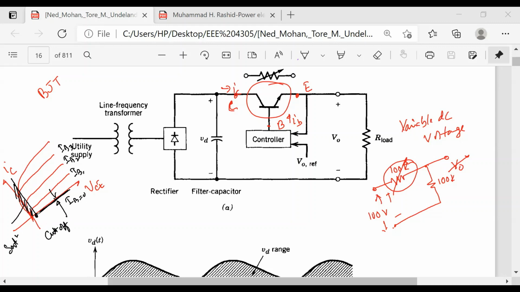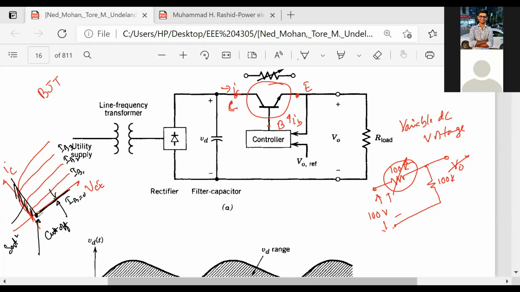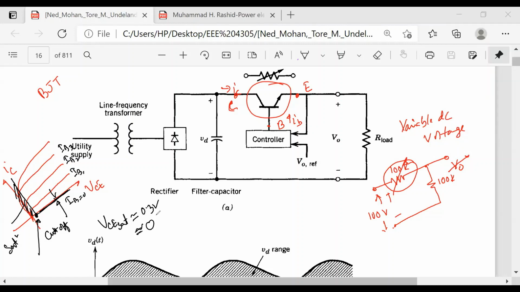What is the voltage of VCE here? What will be the voltage? Saturation voltage is 0.3, and ideally you can take it as 0. So that means if we operate the transistor in the saturation mode, this is a short circuit. And if we make IB equal to 0, then it will be off. So then we call it operating the transistor as a switch.